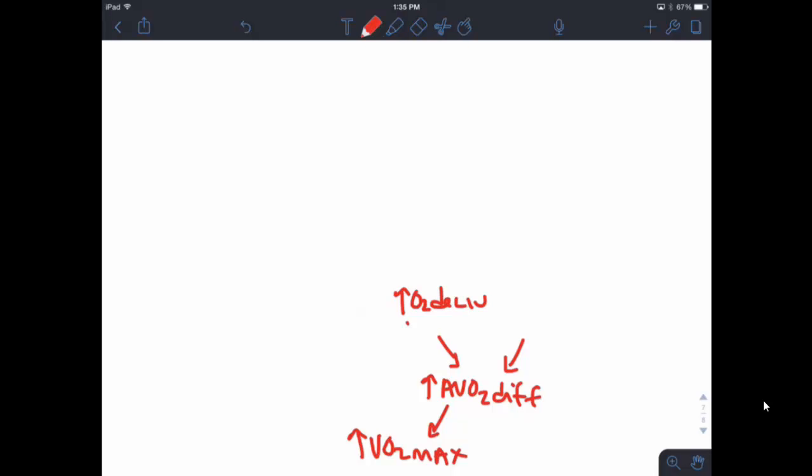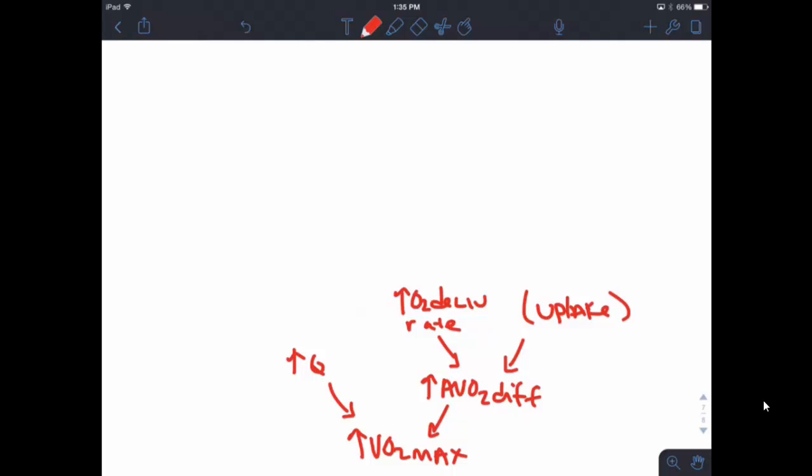Okay, so let's draw this out. So remember, we're at the bottom. We're trying to increase VO2max. We're working on this side. Okay, and remember, AVO2 difference is affected by oxygen delivery rate and oxygen uptake rate. Right now we're talking about oxygen delivery rate. Okay, and we'll talk about uptake rate later.